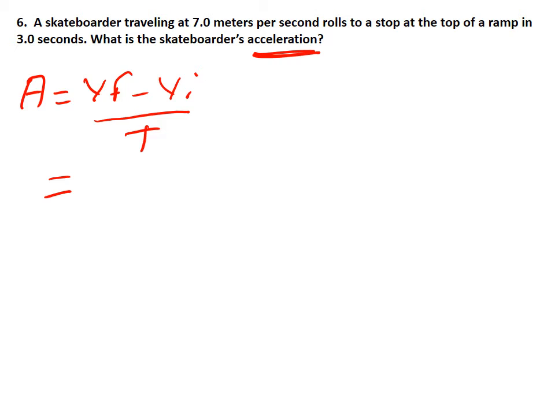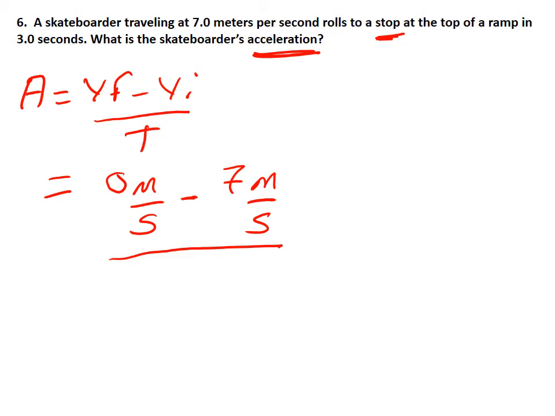So the last speed here, because you've got to look at this, it says they're traveling at 7 meters per second, rolls to a stop at the top of the ramp. That means his speed went to 0. His last recorded speed was 0 meters per second minus 7 meters per second, because that's the first recorded speed, which is initial velocity, divided by the time that it takes to do that.